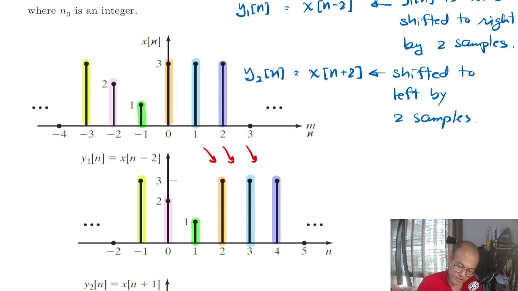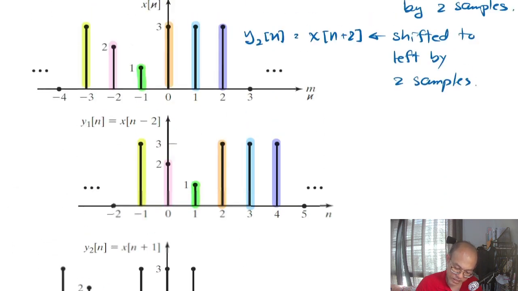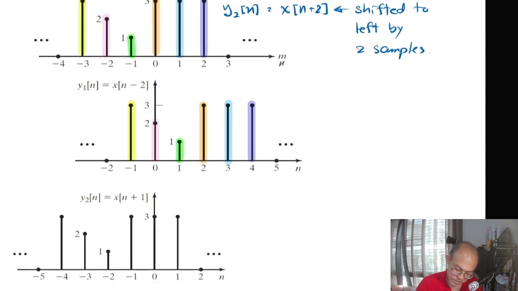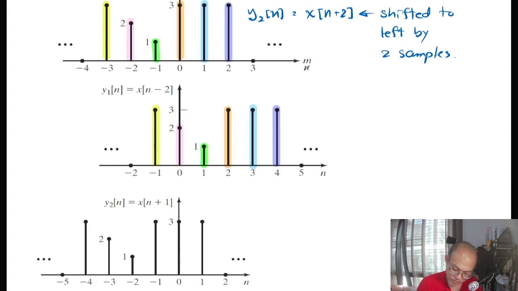Okay, shifted. On the other hand, if we do this, then we're shifting it 1 sample to the left. So the brown one is here, and the blue one is here, and the purple one is here, and the green one is here, the pink one is here, and the yellow one is here.